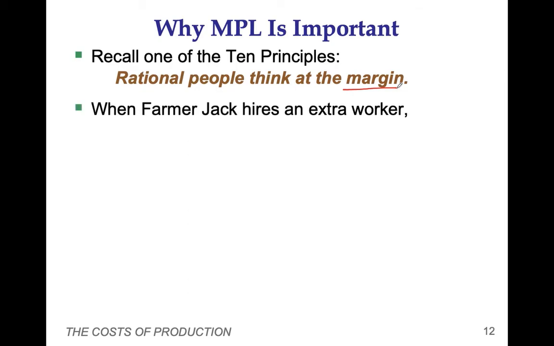When Jack hires an extra worker, what's the thought in his mind when he thinks about hiring an extra worker? Here he is a rational individual. So I will show you here how this rational individual is thinking at the margin.